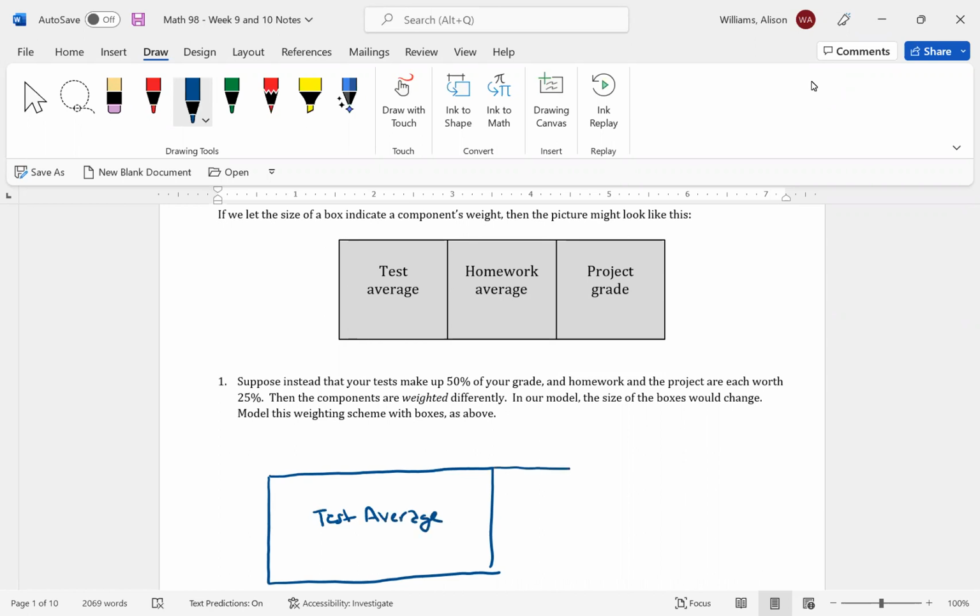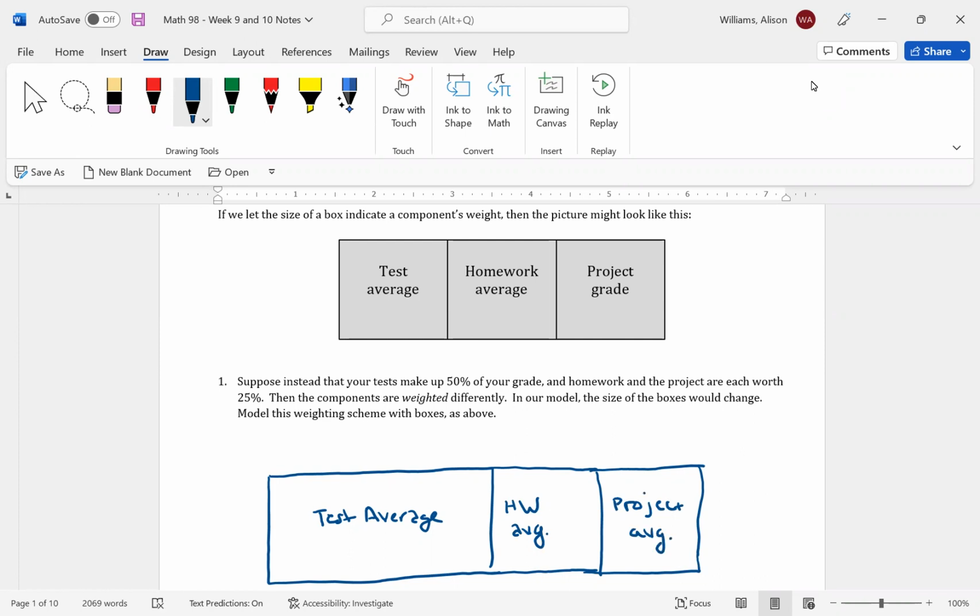And then the homework box, you want it to be half as big, and the project box the same size as the homework. I'll write homework, abbreviate average as AVG, and then project average.